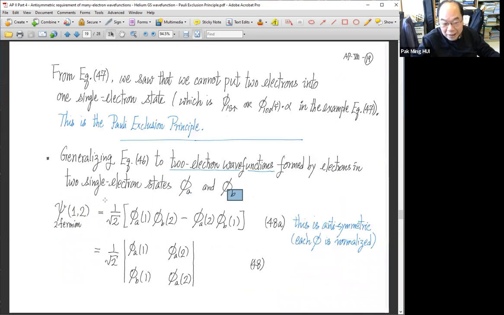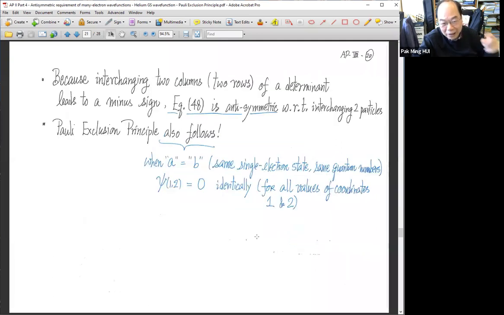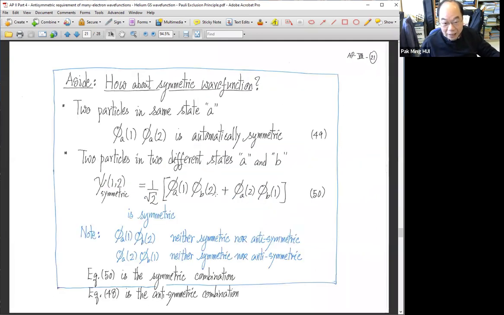From the Slater determinant, after you expand it, turn all the signs to positive. Now, you have a minus sign here, right? But if you want a symmetric one, turn it to positive, then you will get the symmetric one, right? So now I did that, and this is a symmetric one.